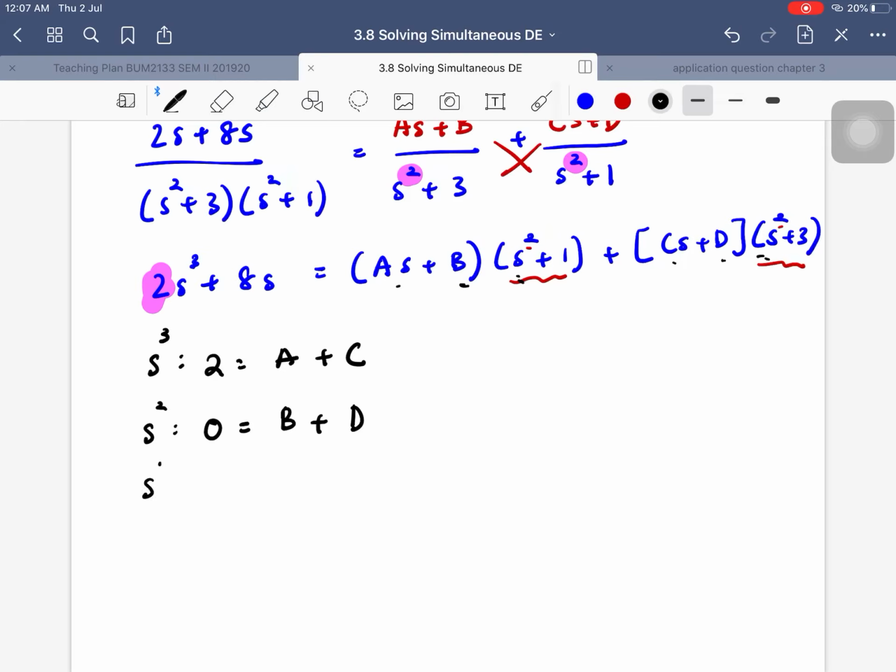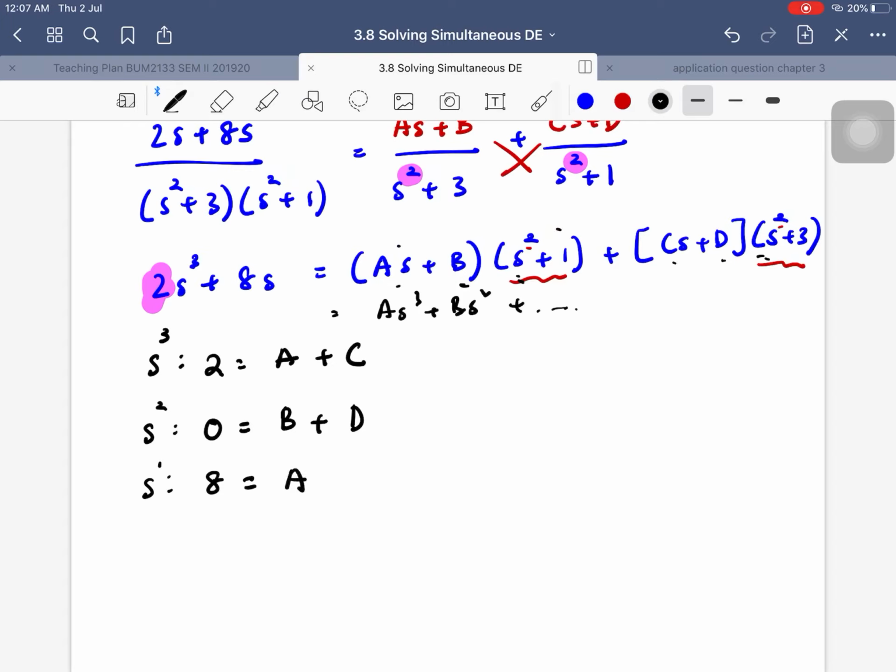And then for s to the power of 1, and again, if you find it confusing to figure it out like me, please expand this. So just write, it's going to be a s cubed plus b s squared and so on. I don't want to write that, because I can figure it out. So if you can't, no need to write that, or else do it. So for s to the power of 1, the coefficient is going to equal 8 on the left hand side, and I know that when I multiply a and that, I will get as.